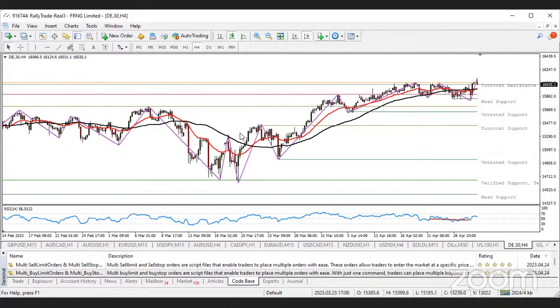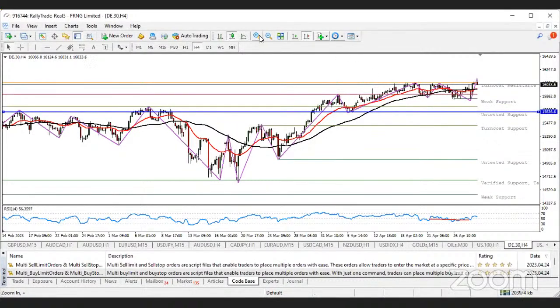So if you notice, DE30, the recent swing has been bullish, and it has been ranging around this horizontal channel. Look at it. Between this point and this point, ever since it went this low, it tested it.